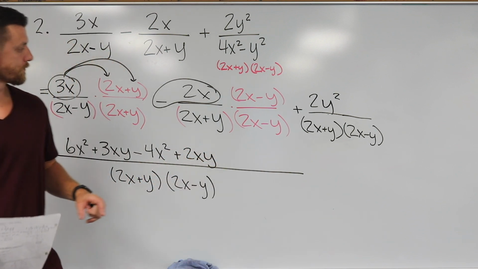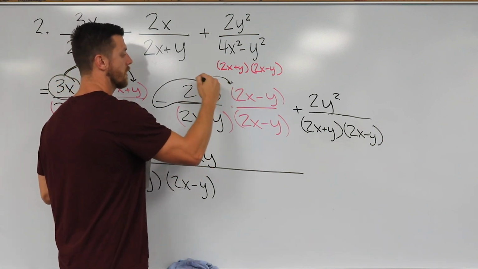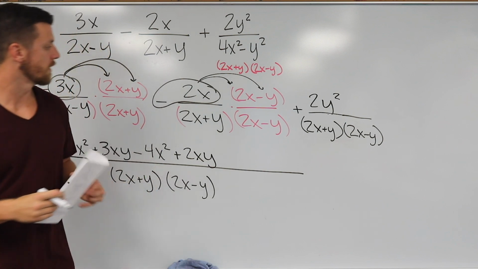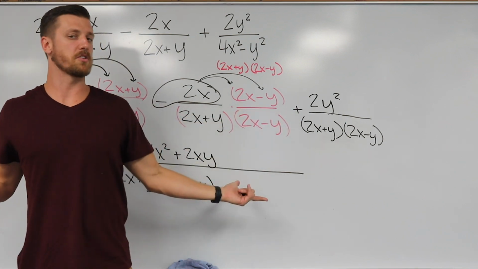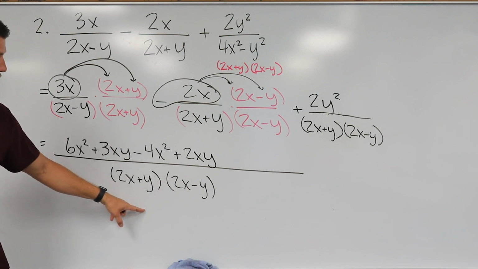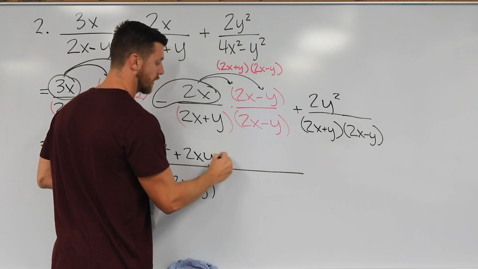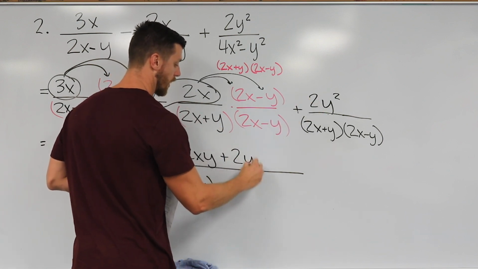And lastly, we multiplied these together. I distributed it to here, distributed it to there, right? This guy, I have nothing to distribute. He is what he is. He has this denominator that we want, so we're just going to tack him on. Plus 2y squared.